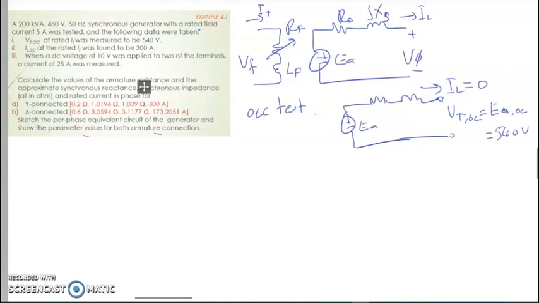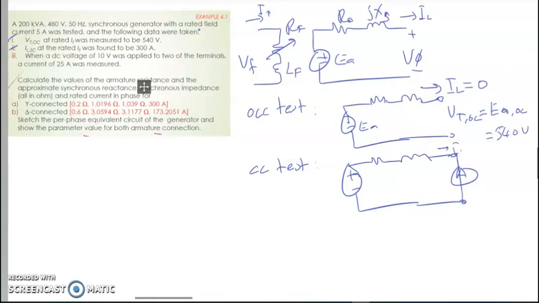Then we perform the short circuit test. Draw again. When we perform a short circuit test, the circuit will be shorted together, and we put an ammeter in between to measure the current. So the load current becomes very high because we are shorting the circuit.